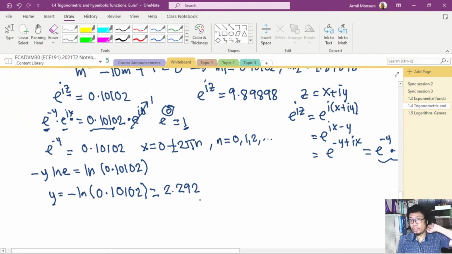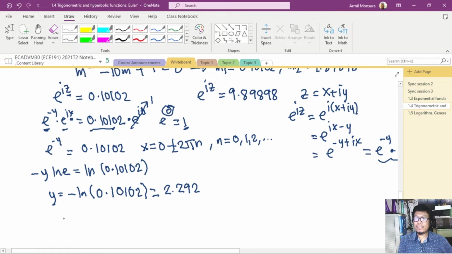So that would be your y, and this is your x. We take note that in this half of the solution, we have two solutions, so this is the first half of your solution.